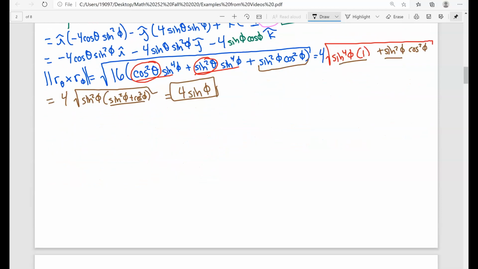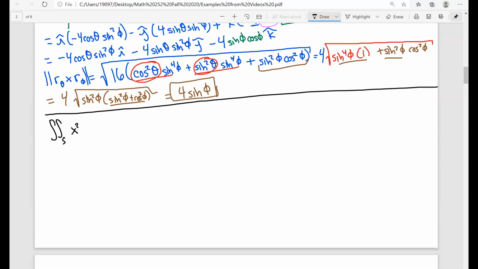Okay, here we go. So now that we've finished that, we're going to have the double integral over the surface of x squared z plus y squared z dS. So let's plug everything in there.